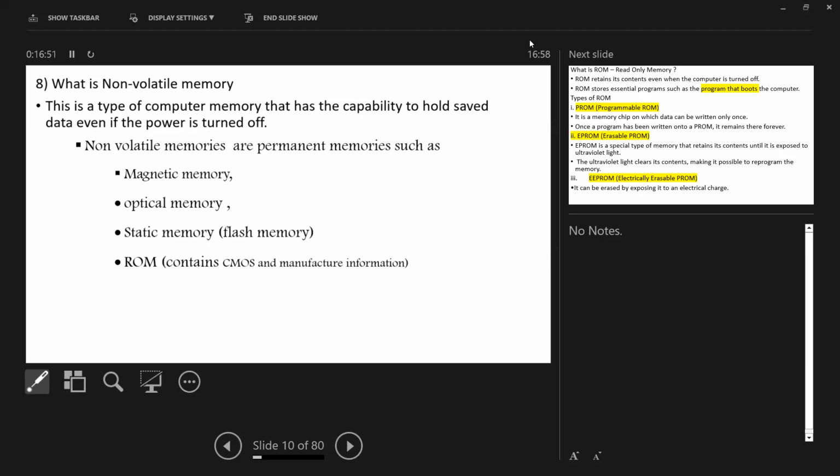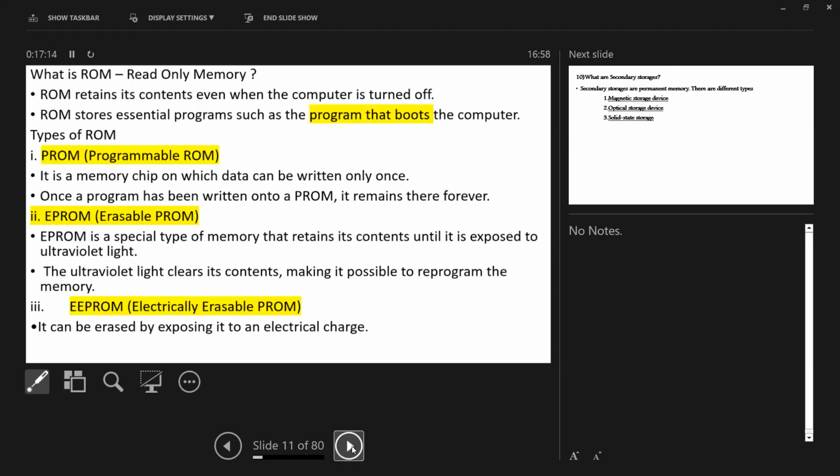Magnetic memory, optical memory, flash memory. ROM contains the CMOS setup, the power-on self-test and manufacturing information about the machine; the boot up setup resides inside the ROM chip. First we are going to discuss what ROM is. ROM means read-only memory.